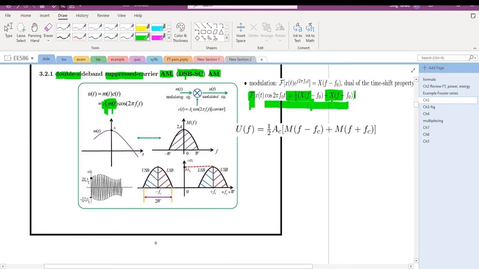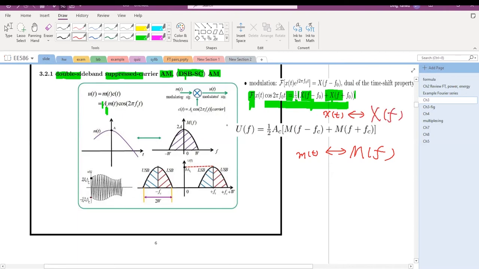You take it out, and the half is here. So A_c is here. And then the Fourier transform of m(t) in the time domain is M(f).